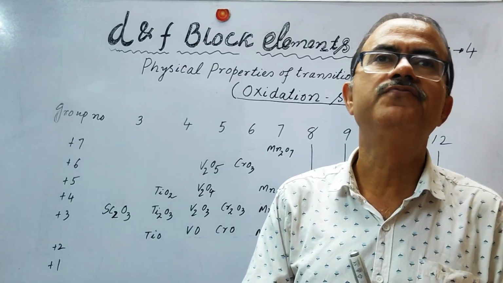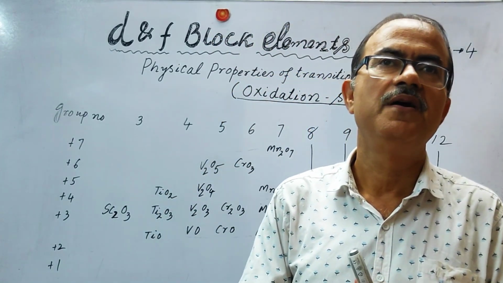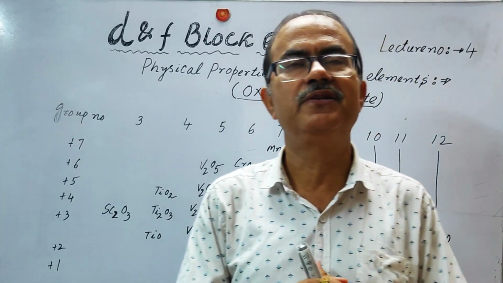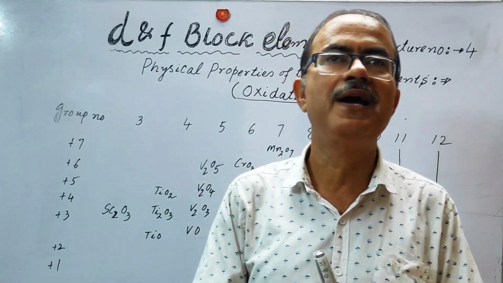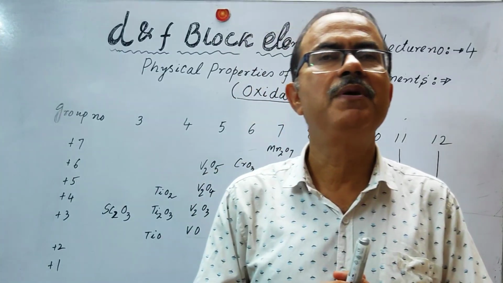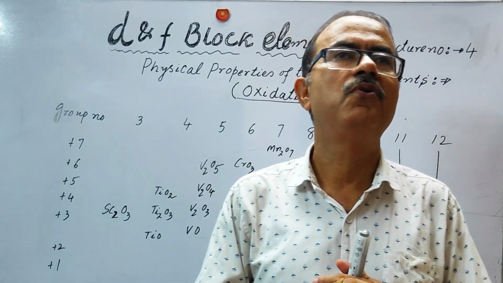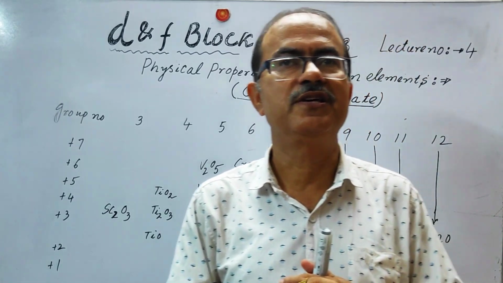Higher members always prefer the lower oxidation state. But in the case of d-block elements, as we go down the group, the higher oxidation state becomes much more stable for the higher members.